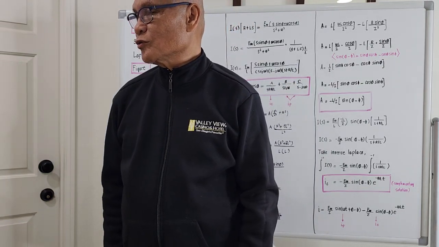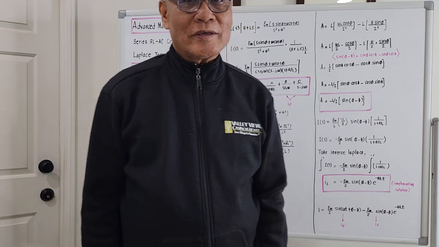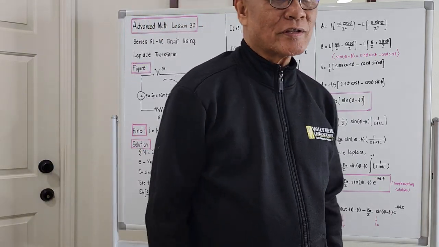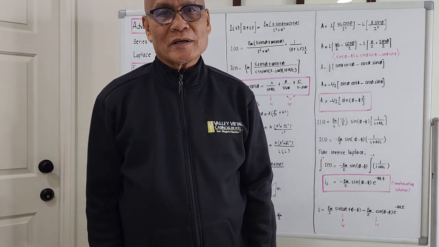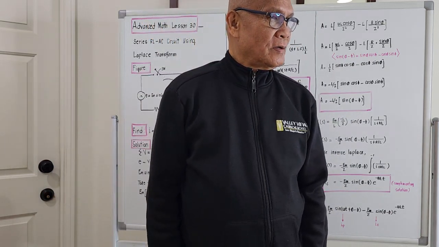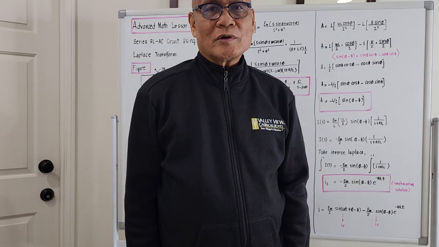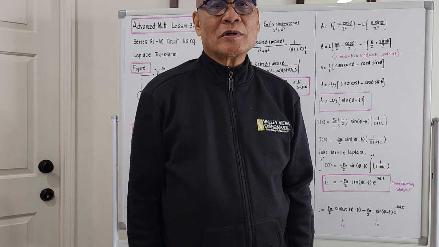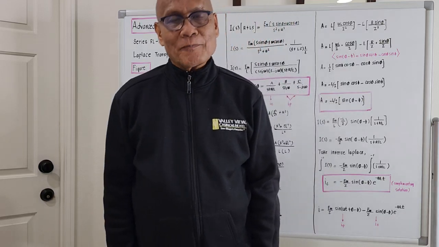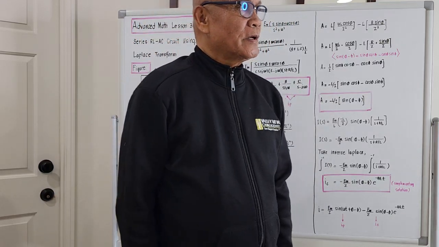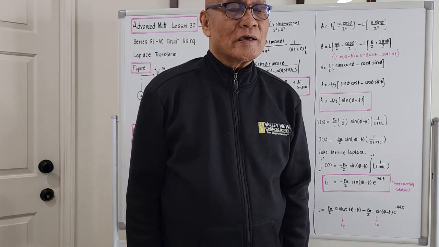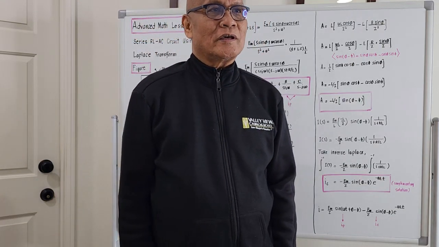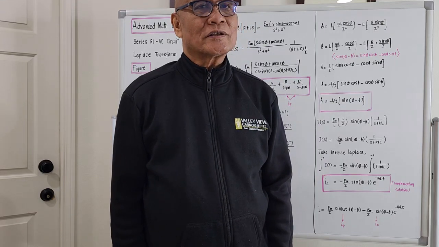Okay, my topic tonight will be one of the most interesting problems under advanced mathematics, because we can now prove the importance of the so-called Laplace transforms. My topic for tonight will be a series RL AC circuit, energized by an alternating current source.